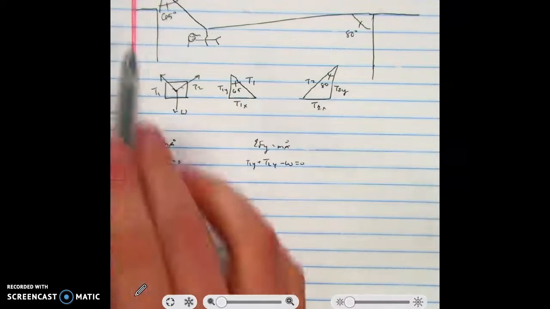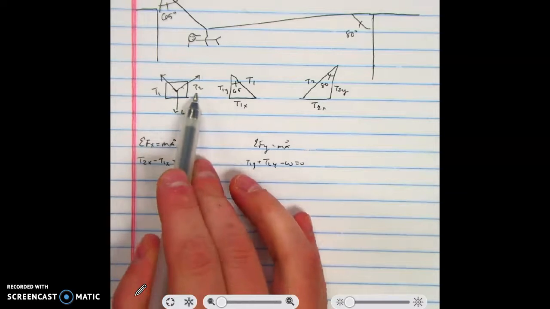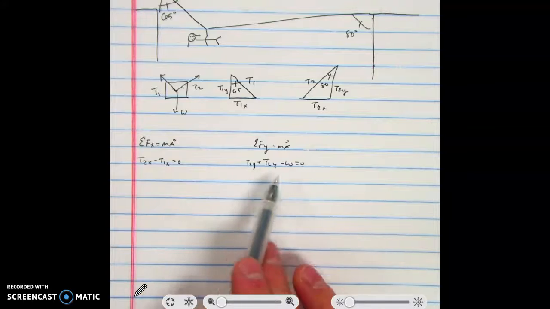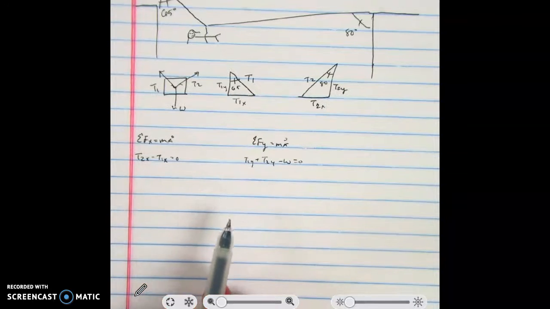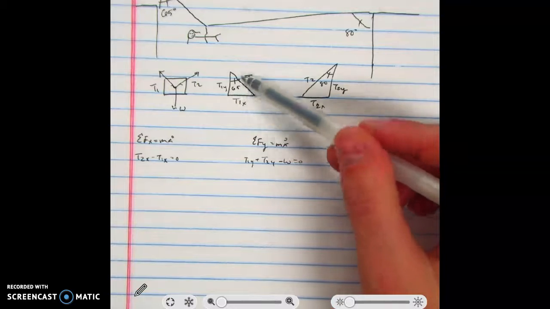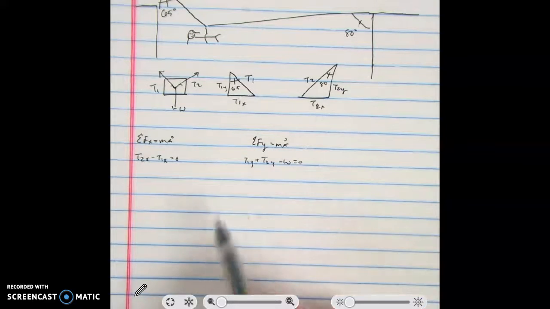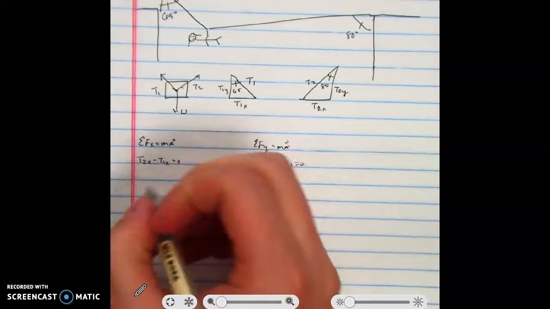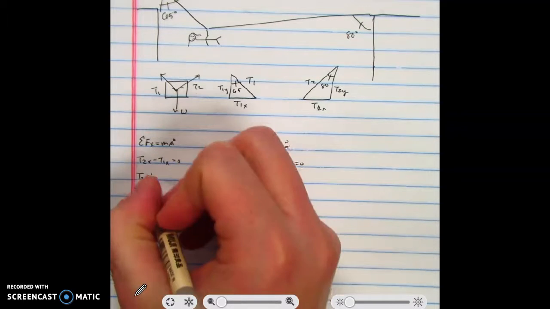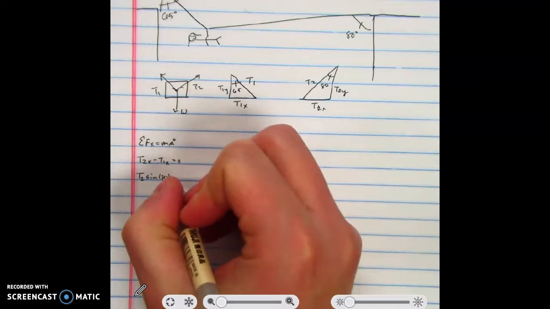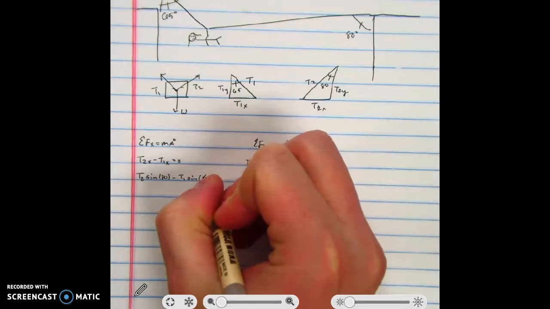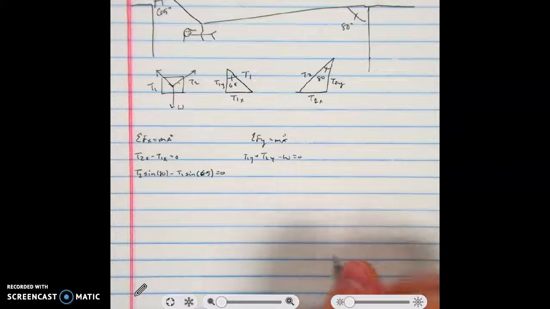My overall goal is to get to T1 and T2. Right now I have the subscripts T2x, T1x, T1y, T2y, so I need to rewrite these using my sine and cosine. Looking at my right triangle, my x values are my opposites in both of these, which means T2x becomes T2 sine of 80, and T1x is T1 sine of 65, equals 0.